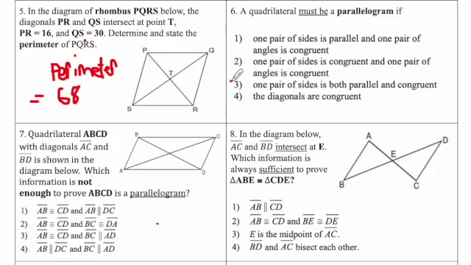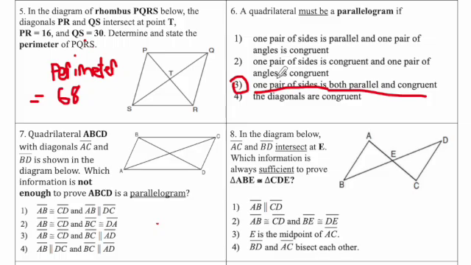So it must be a parallelogram if one pair of sides is both parallel and congruent. Diagonals being congruent could actually be a trapezoid, not just a rectangle, and not all parallelograms have congruent diagonals. But all parallelograms have at least one pair of sides that is both parallel and congruent.